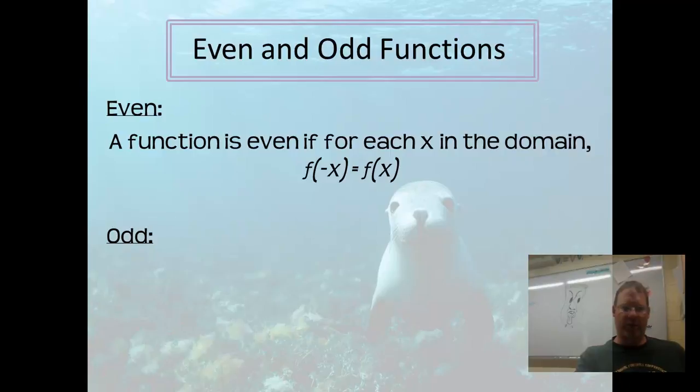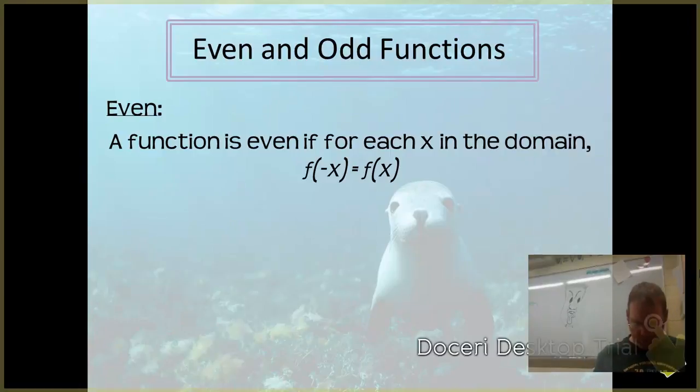Okay, that's a situation where it is symmetric about the y-axis. What this is saying is, when you plug in negative x into the function, out pops the original function. It doesn't change. Okay, and that's what we did when we were doing symmetry in that last section.